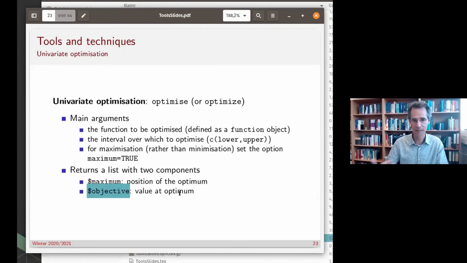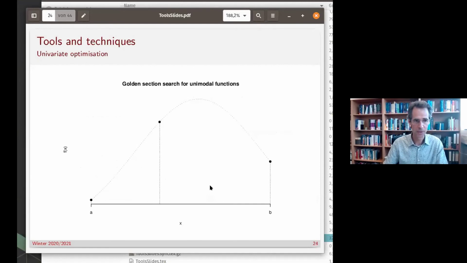That's the optimal value that you can attain by choosing the control variable in an optimal way. How does it work? Well, the algorithm is a very robust algorithm, and it's actually certain to return the correct result if you have a unimodal function.